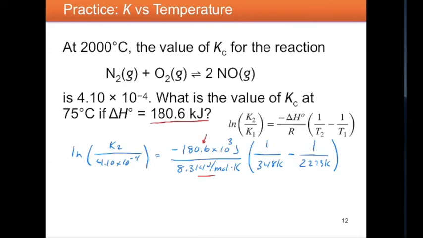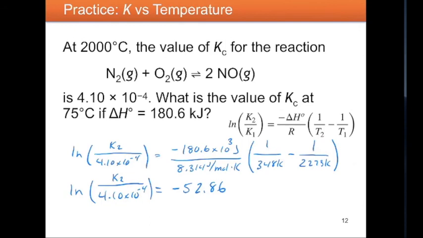The other thing to be aware of is to make sure that K1 and K2 are in the right part of the equation and T1 and T2 are in the right part of the equation. So the K value for K1 has to correspond to temperature 1 and equilibrium constant K2 has to correspond to T2.